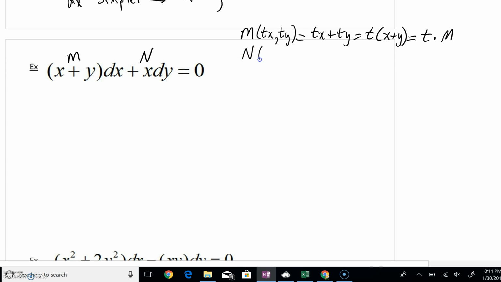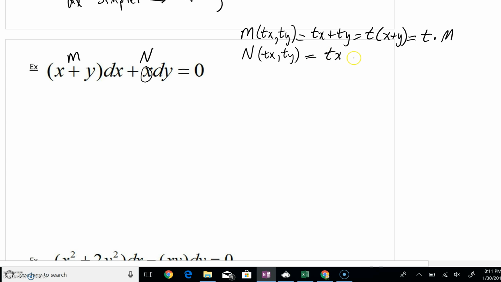What happens as I substitute in a tx and a ty into N? Well, N only deals with this x here. So nice and simple. Very, very simple. We're just going to have a tx.